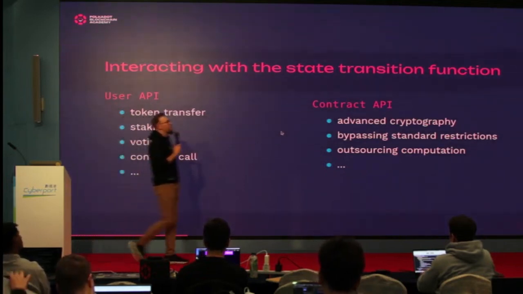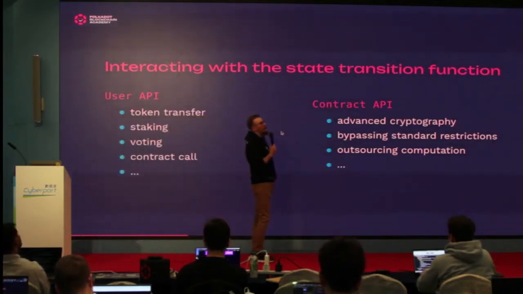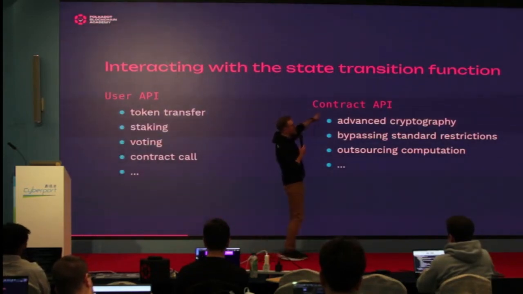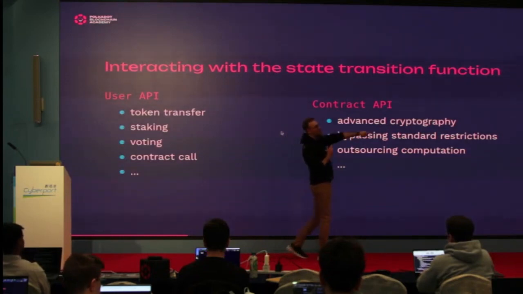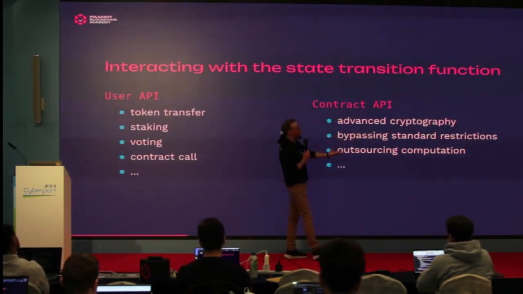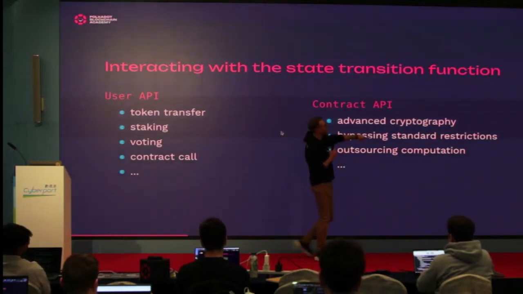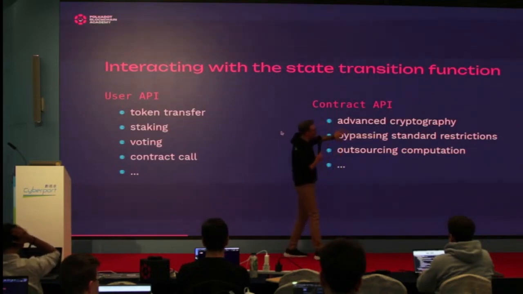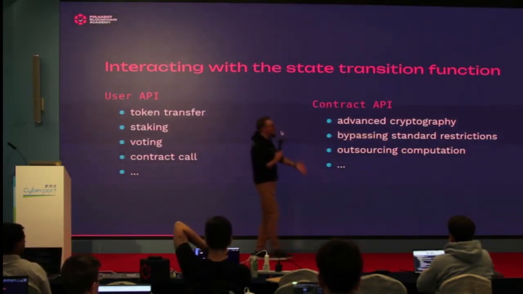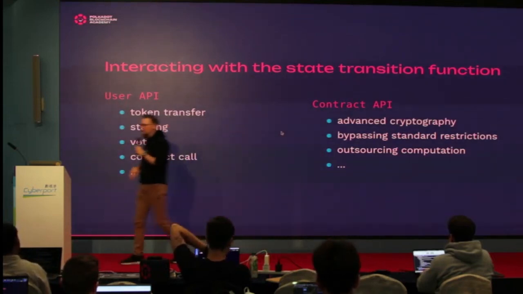However, the state transition function also has a second family of functions, which is dedicated only for contracts. For example, some cryptography that can be outsourced, and some functions that bypass some standard restrictions for humans, but are safe and okay for contracts, and some other stuff that is pretty use case specific.